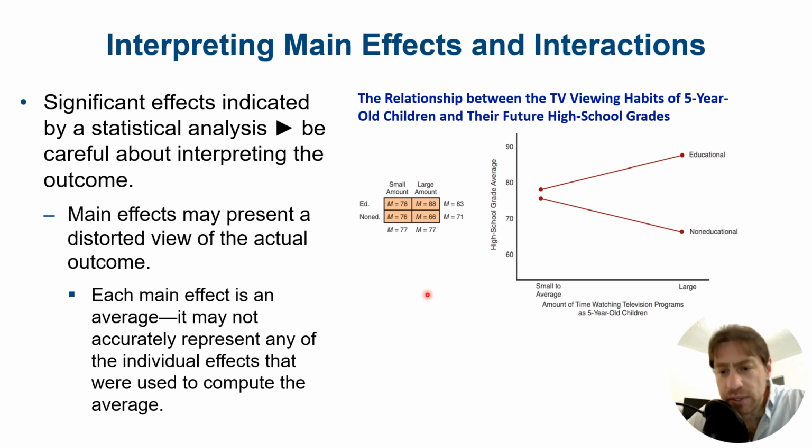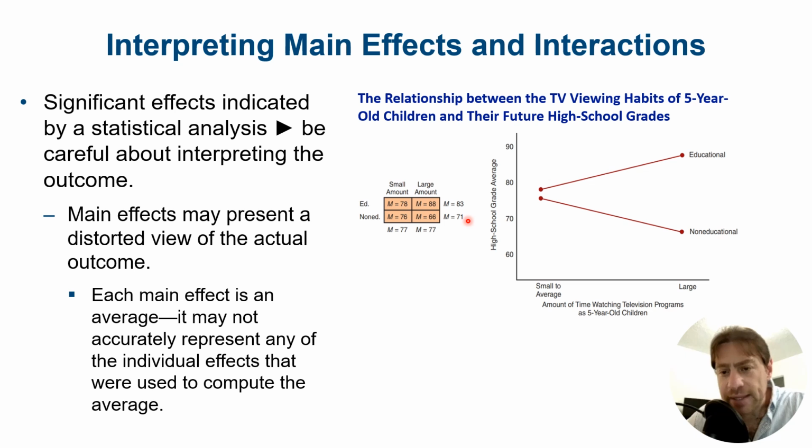Now, what you notice here is that there is a main effect of television type, programming type. Kids who watched educational programming did better than those who watched non-educational programming. There's a main effect of that factor.